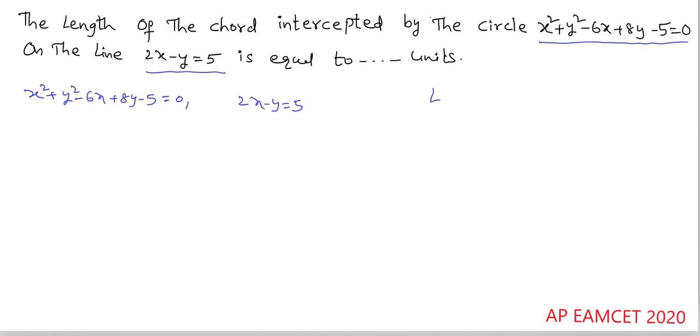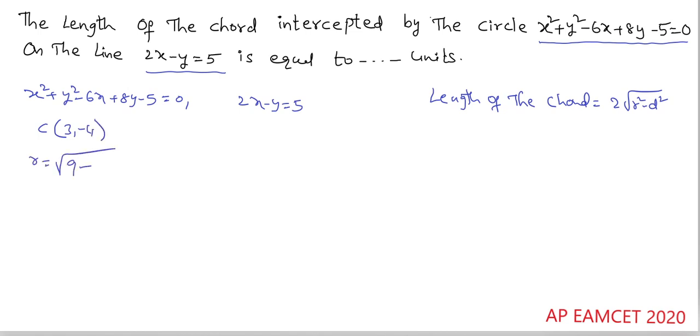We know that the length of the chord is equal to 2 root r square minus d square. So first find the center of the circle. This is (3, -4), and the radius of the circle is under root of 3 square 9 plus 4 square 16 minus of minus 5, that is plus 5, that is equal to root 30.